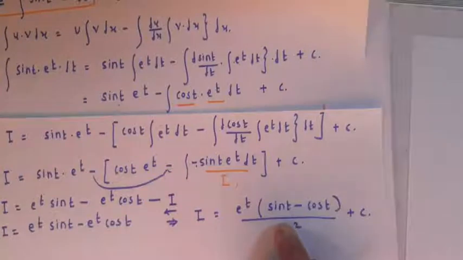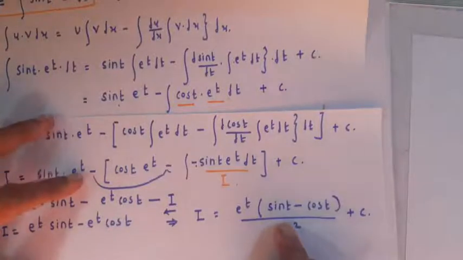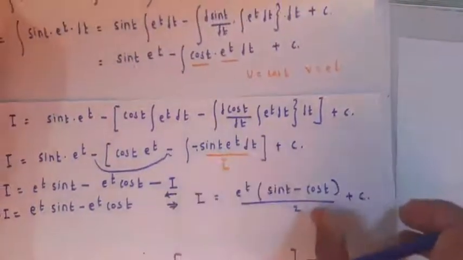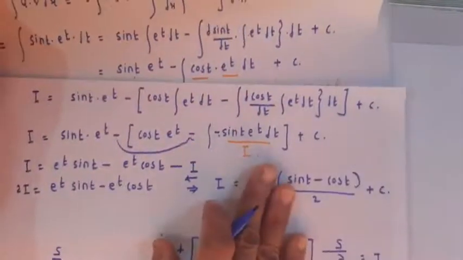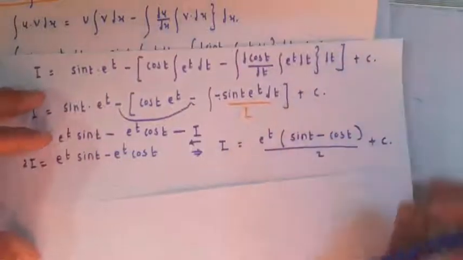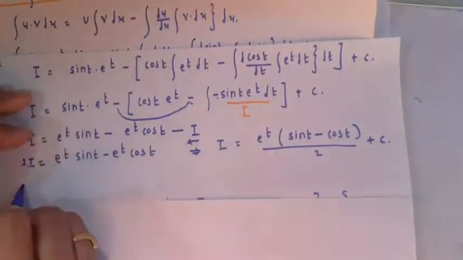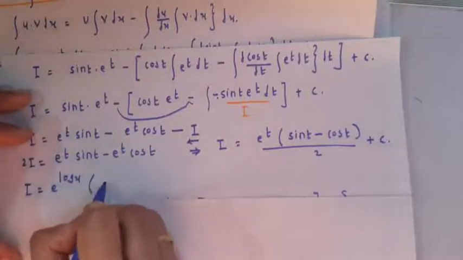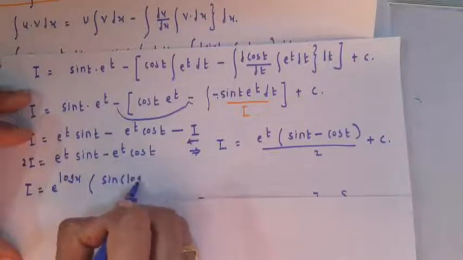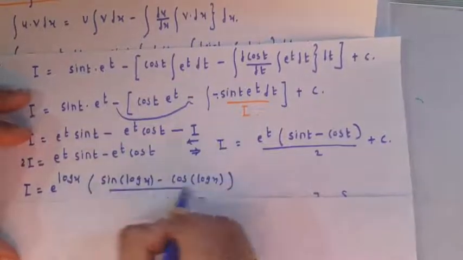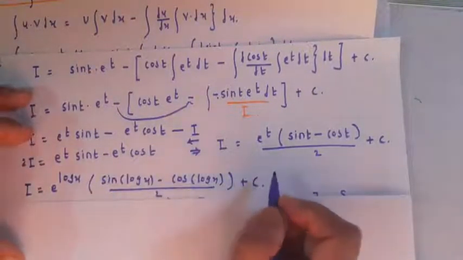We will get that is integration I equal to e raised to log of x into sine of log of x minus cos of log of x upon 2 plus constant of integration c.